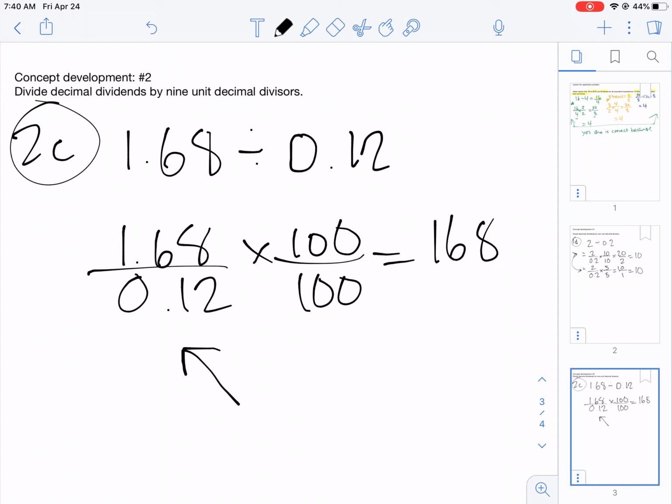Okay, here we go. 168 over 12. And when you divide 168 by 12, you get 14. All right. I hope this helps everyone.